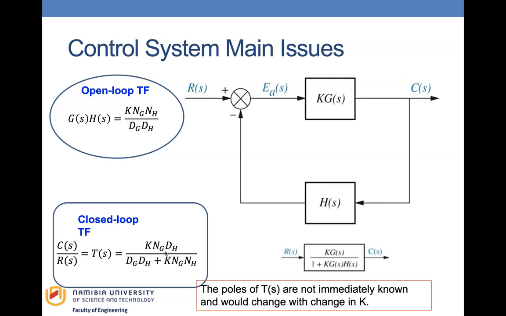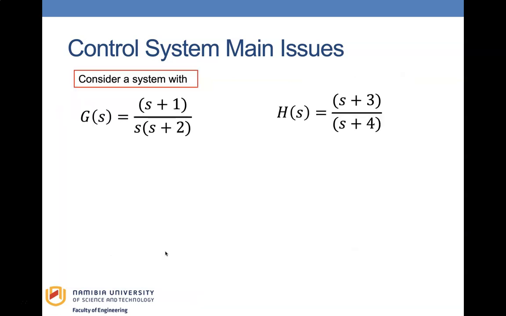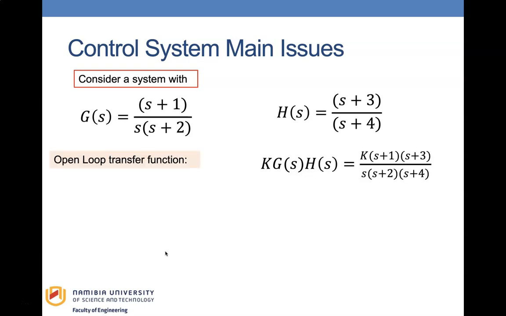Let me illustrate this. Consider a system whose G(s) is given as (s+1)/(s+2), and H(s) is given as (s+3)/(s+4). The open loop transfer function will be given as G(s)H(s), which is K(s+1)(s+3) over (s+2)(s+4).